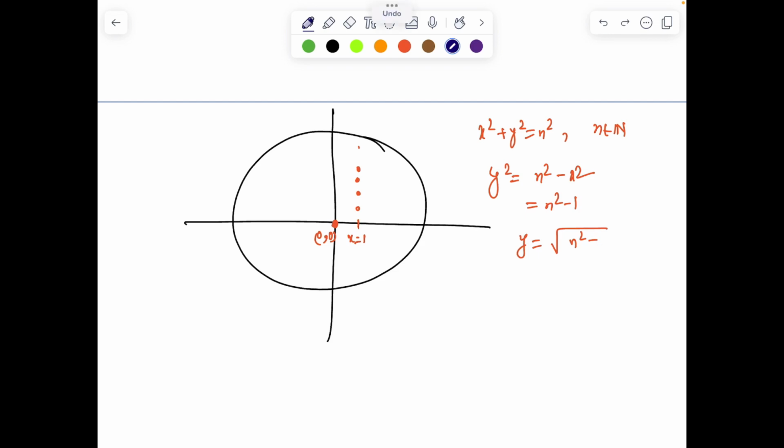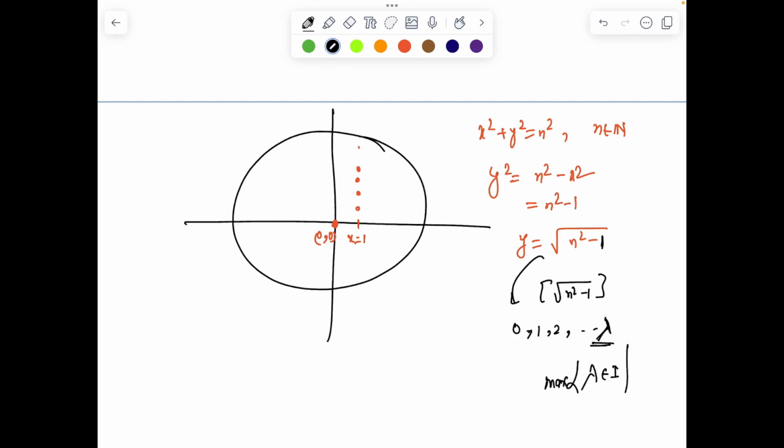And now if we try to see the greatest integer of root over n square minus 1, that's an integer, because I want to count the value of y starting from 0, 1, 2 till lambda, such that lambda is the maximum integer.